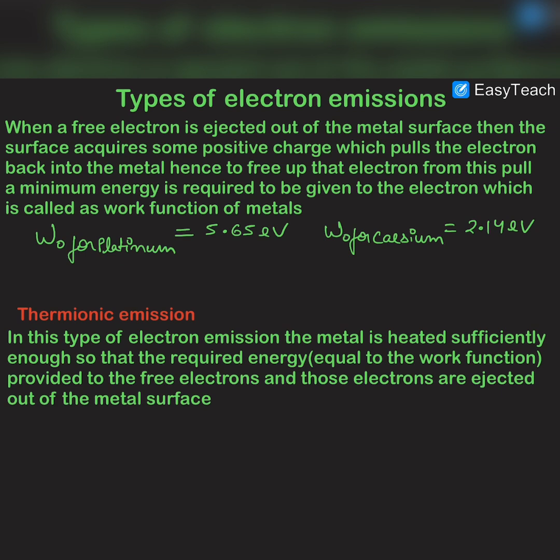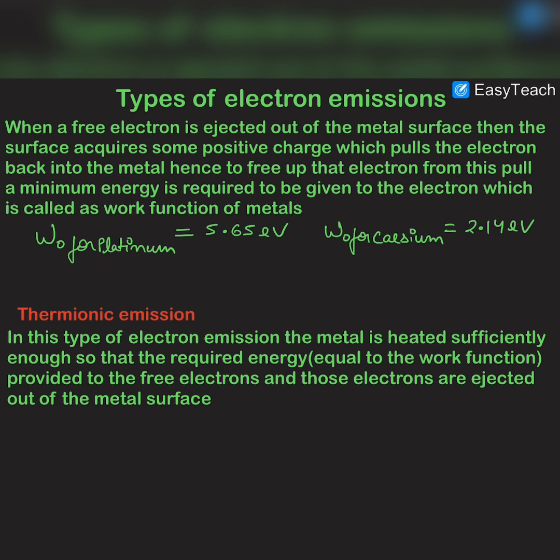Therefore, to escape that pull of positive charge on the surface, we need to give some energy to this electron to take it out from the metal surface, and this minimum energy required is called the work function. So work function is the minimum energy required to eject a free electron from the metal surface.